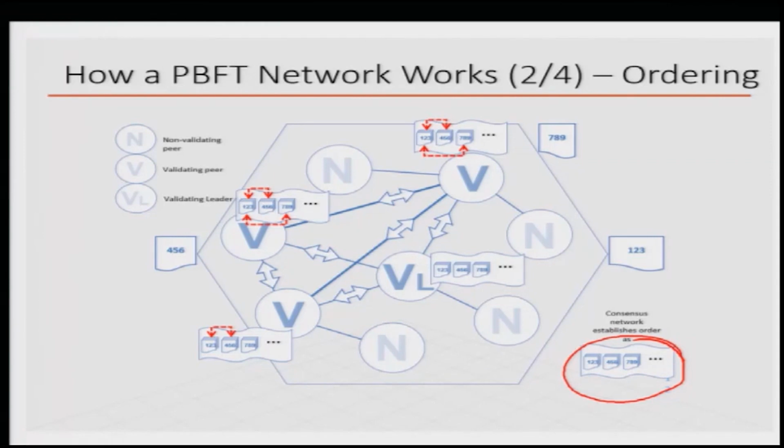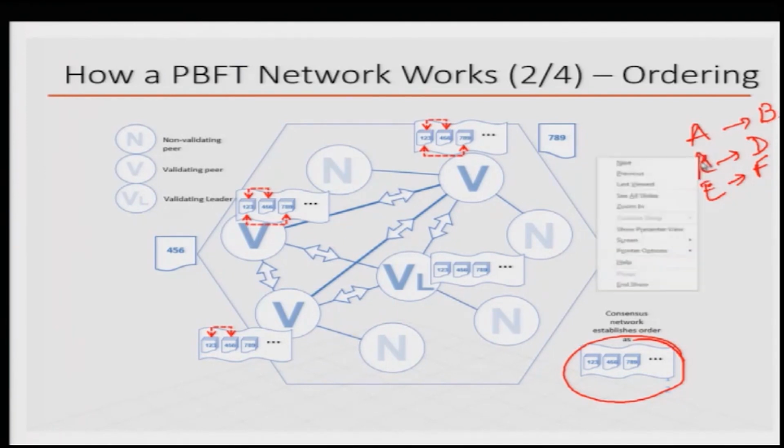Now if 456 is about two clients, A giving money to B, and this one is C giving money to D, and this one is E giving money to F, then any order would have been fine because there is no conflict between them. But suppose this one is A giving money to B, this one is A giving money to D, and this one is B giving money to D. In that case, one has to decide an order.